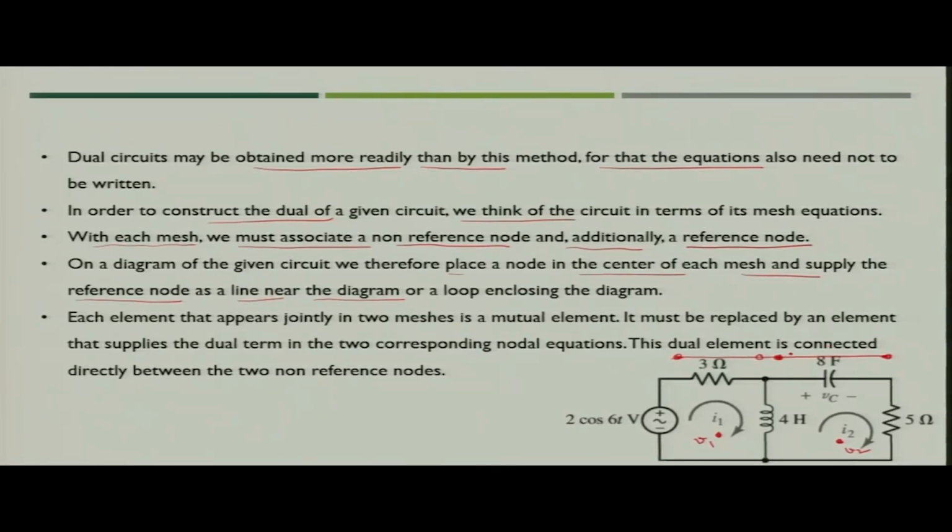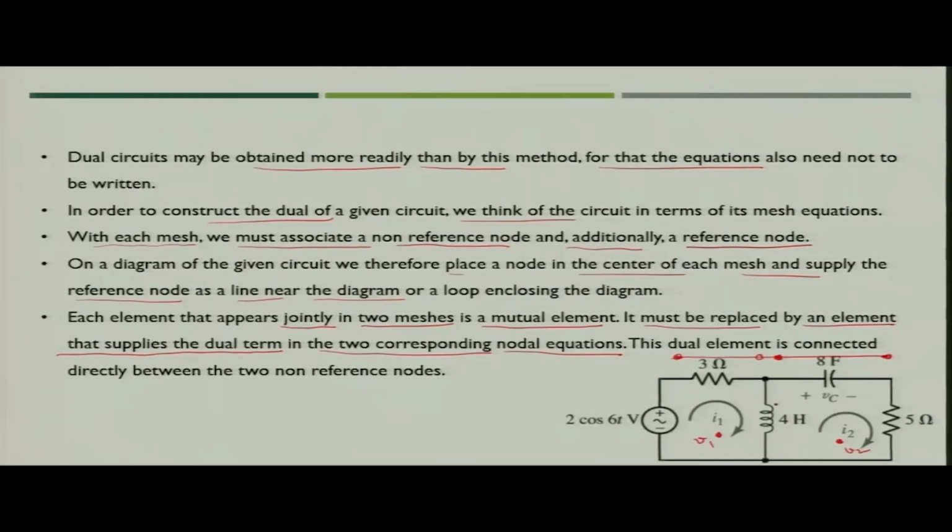So, you can represent the reference in any form, like a long line having nodes at each point with the same potential. Now, each element that appears jointly in two meshes is a mutual element. So, it must be replaced by an element that supplies the dual term in the two corresponding nodal equations. So, what will happen here? This is the element which is connected between two meshes. The dual of this would be what?